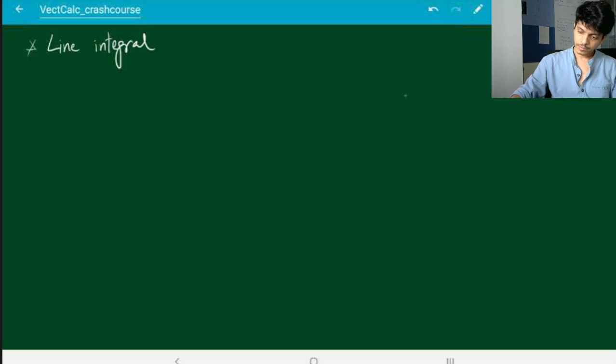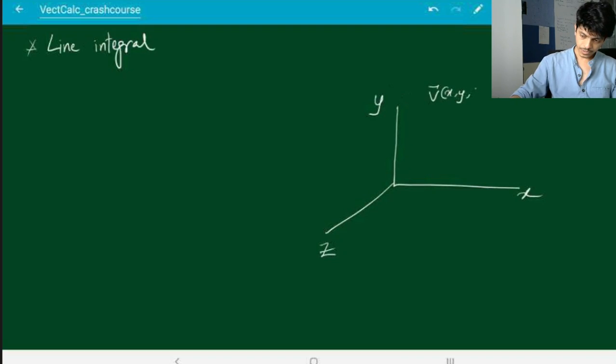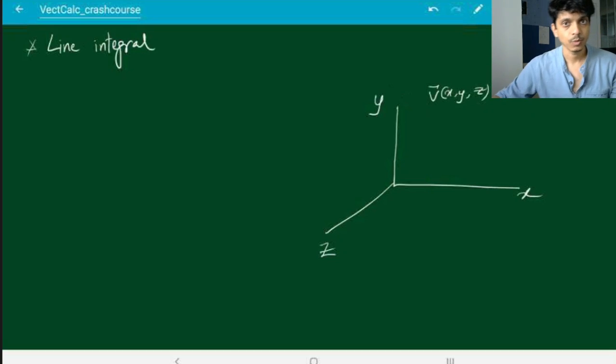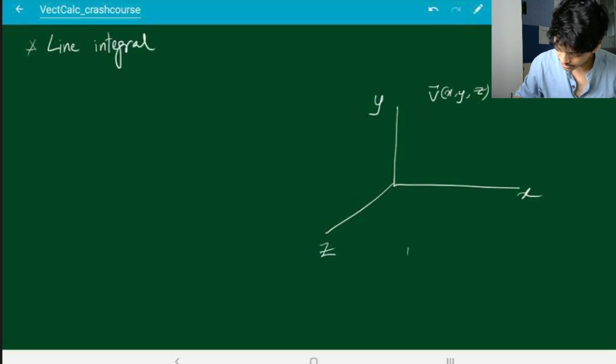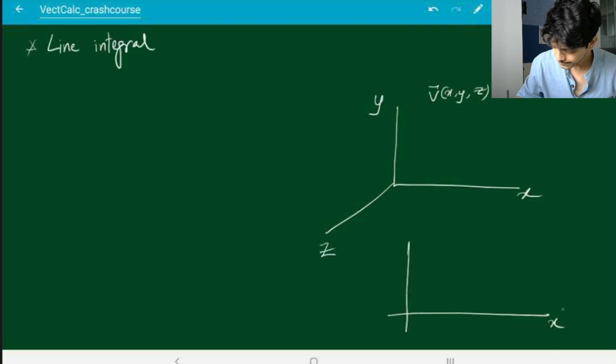So we are in three-dimensional space, x, y, z, and there is some vector field v which has a value at every point. So at every point there is some vector and I want to integrate over this vector. Normally when we do our usual single variable calculus, we want to integrate some function f from a to b.